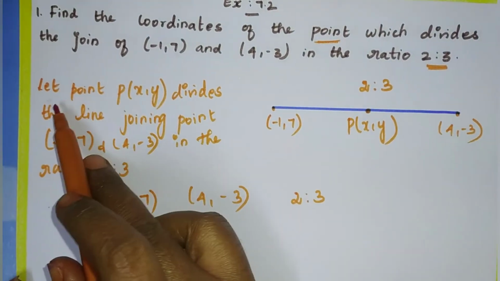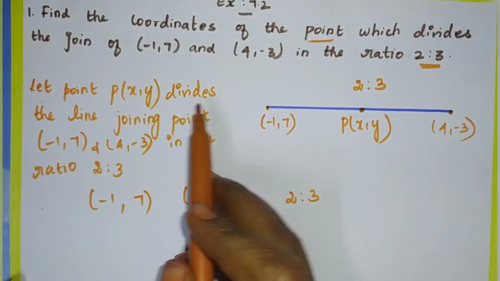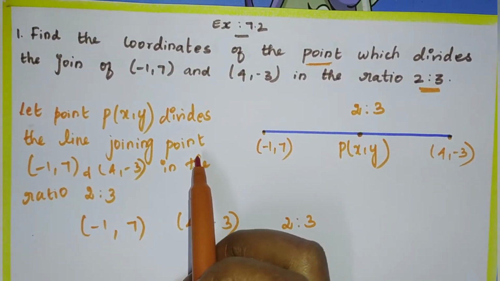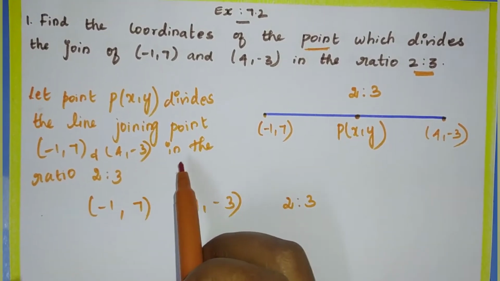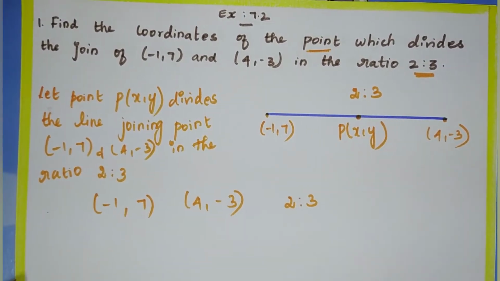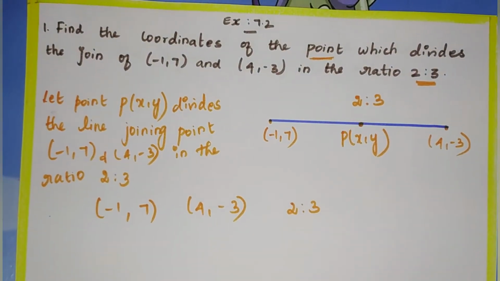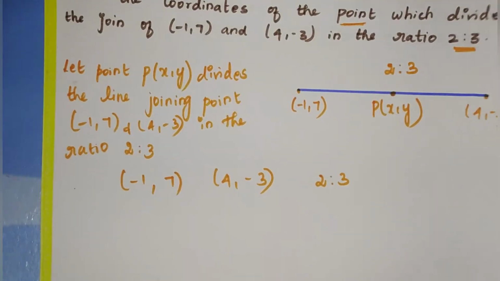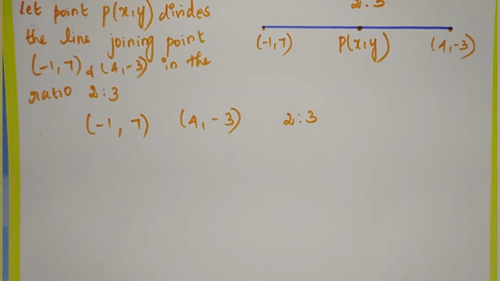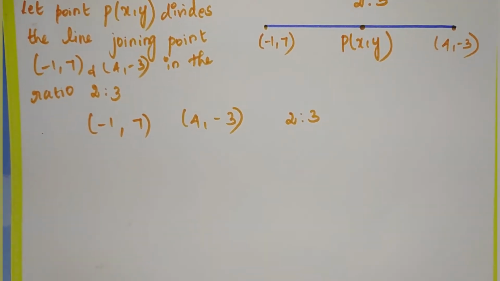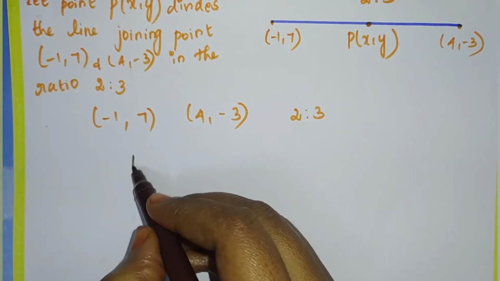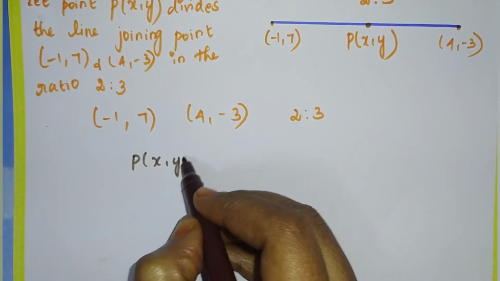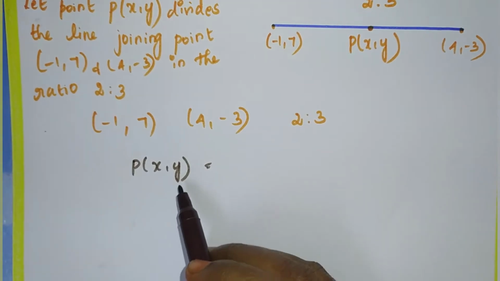Clear, children? The point P of x, y divides the line joining the points -1, 7 and 4, -3 in the ratio 2:3. Okay. So what is the section formula? First write the formula. P of x, y, that dividing point only we are going to find.